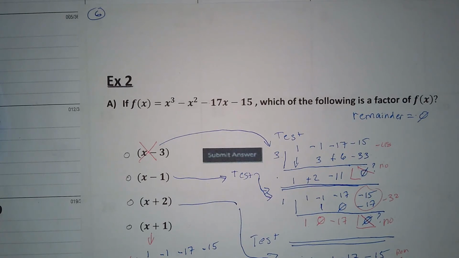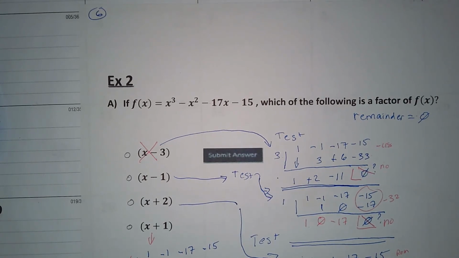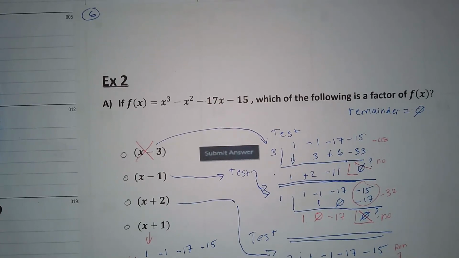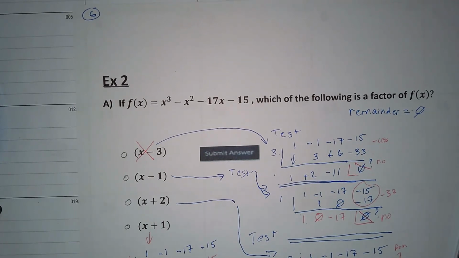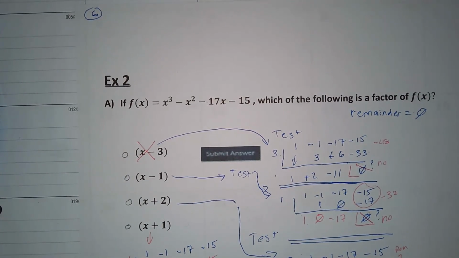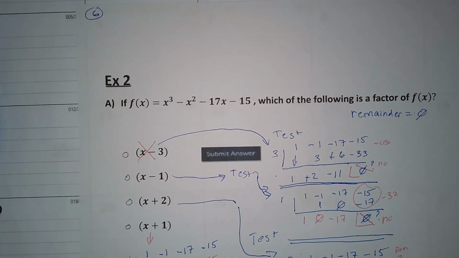And then negative 1 times negative 15 is positive 15. And so there you see it. Remainder, 0. Yes. Remainder 0. Okay.